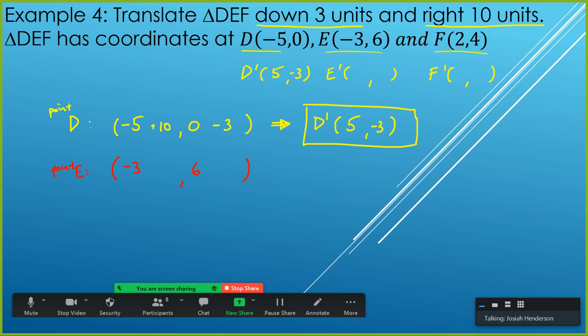And we're going to do the same thing we did to the last one. We have to do -3 for y and apply a plus 10 for x. And then we're going to simplify the x portion and the y portion for E prime. So -3 plus 10, that's +7 left over, and 6 minus 3 is +3 left over. And there's E prime, 7, 3.